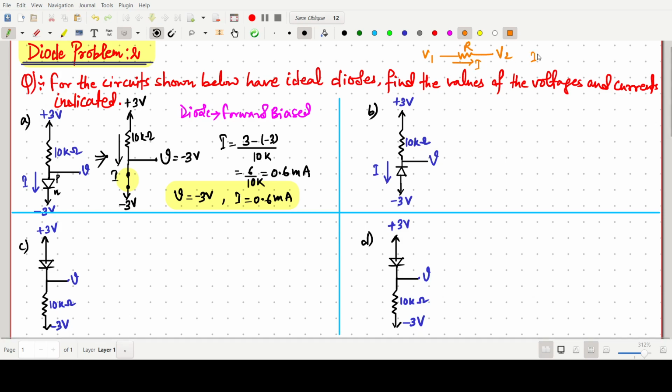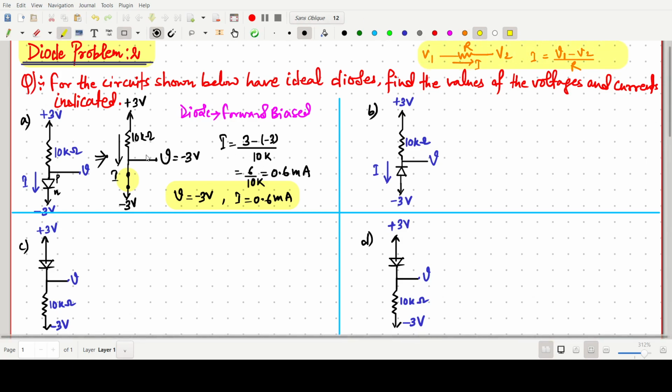So the current equation can be written as higher potential V1 minus V2 divided by R. The same concept we are using here. So this one is also an important concept, okay. So this is question number one, or A, we can say. Now we have to go for the second problem.